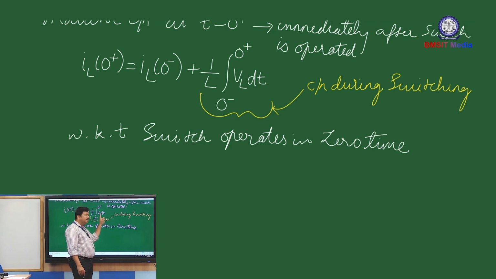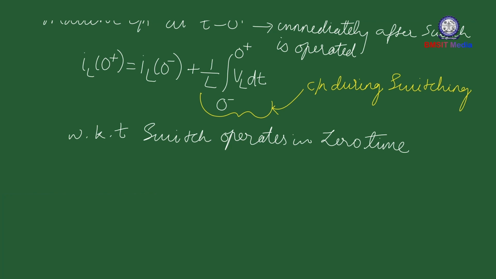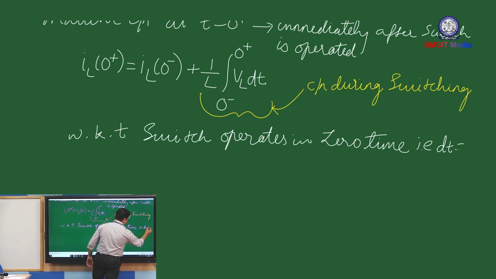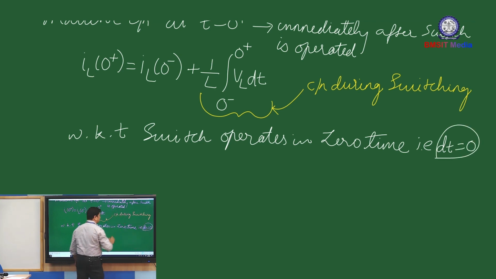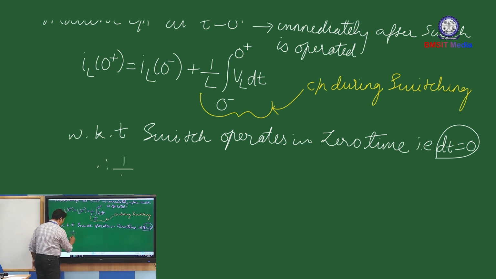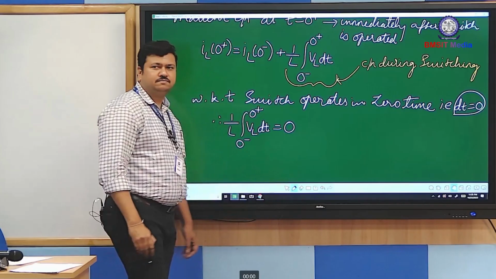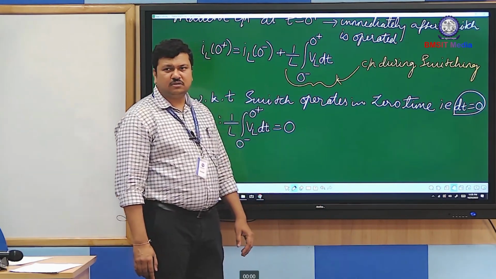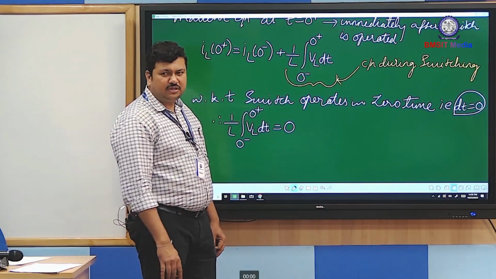It means dt is 0. So when dt is 0, what about the second term? Therefore 1 over L integration from 0 minus to 0 plus of VL dt is 0. This is 0 only when t equal to 0 plus.